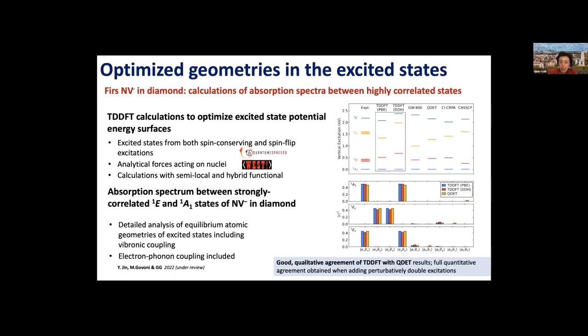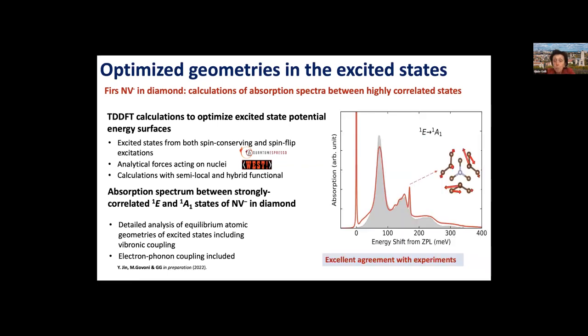So we use TDDFT with spin flip to compute absorption spectra between strongly correlated states. Please note these states here, 1E and 1A, these are group theory, C3V nomenclature, but it doesn't matter. What matters is that this is an absorption spectrum compared with experiment between highly correlated states. And now we can really get things right, for all the peaks and not only for the zero phonon lines.